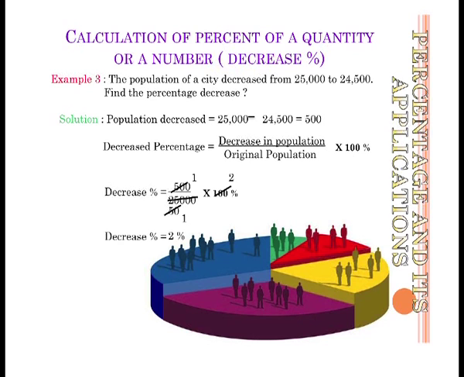The population decrease is 25,000 minus 24,500, which is equal to 500. Now we calculate decrease percent, which is decrease in population upon original population multiplied with 100%. When we solve, we get decrease percent as 2%.